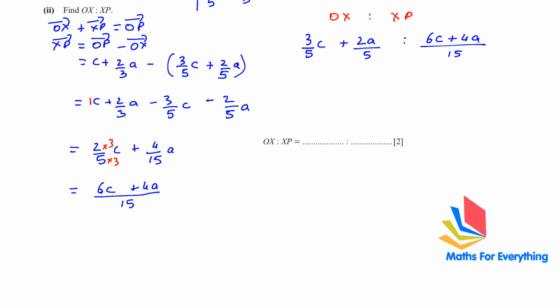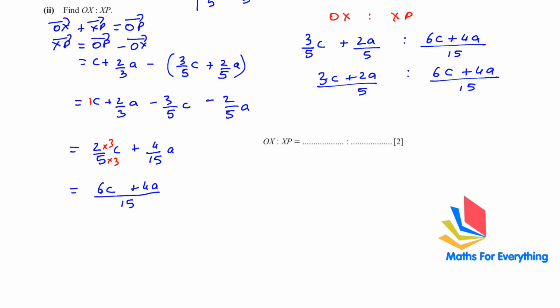Because they have the common denominator, we can write it as one fraction, 3C plus 2A over 5 and 6C plus 4A over 15. Factorize what you can factorize from this side. This is already simplified.